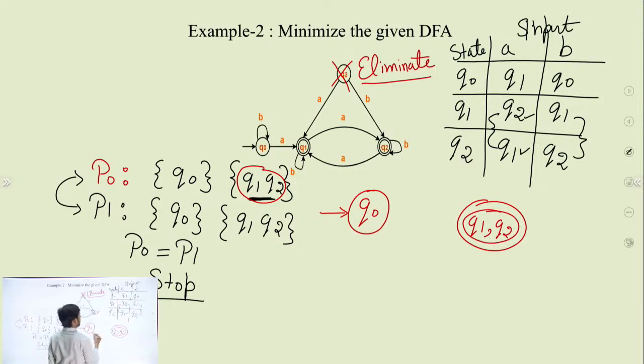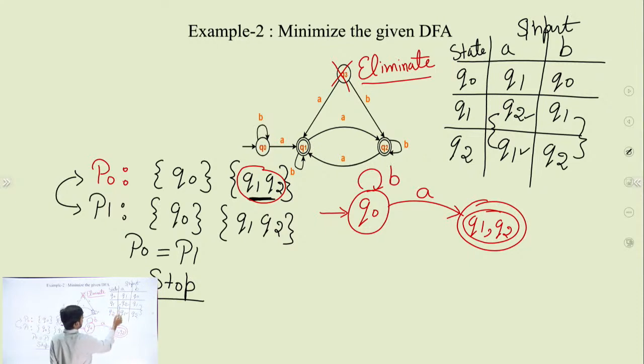On input A, from state Q node we go to state Q1, and on input B, from state Q node we go to Q node itself.